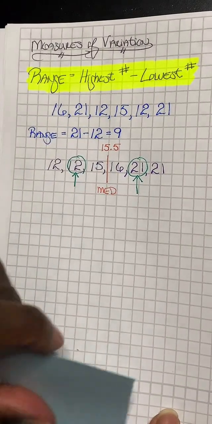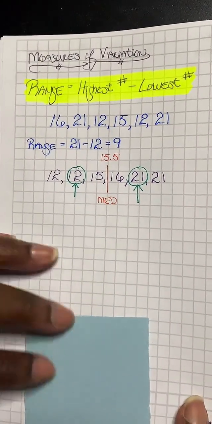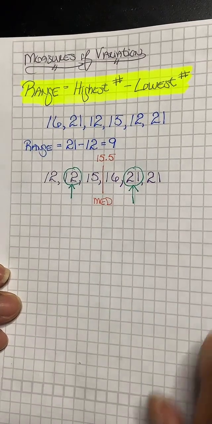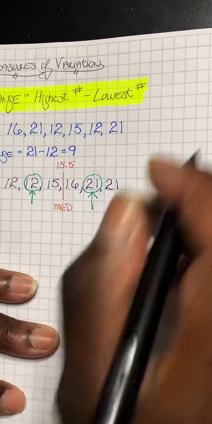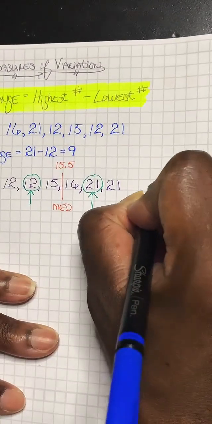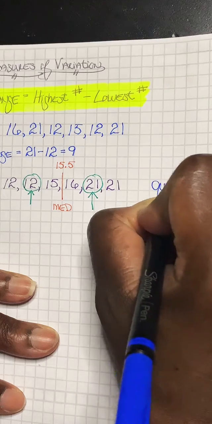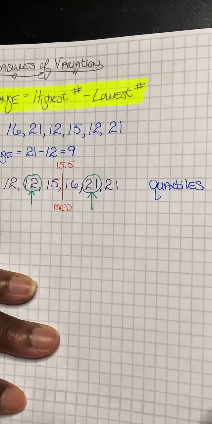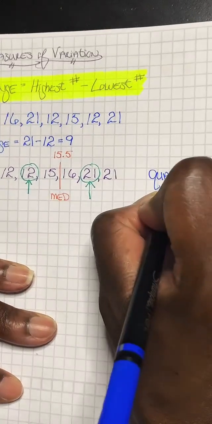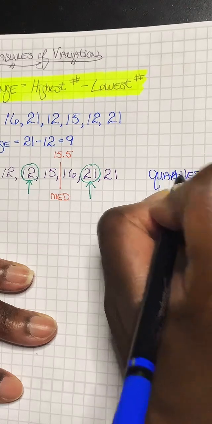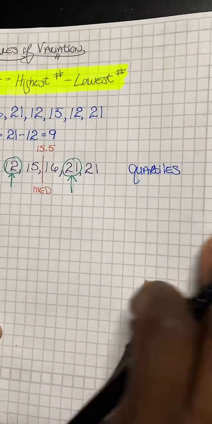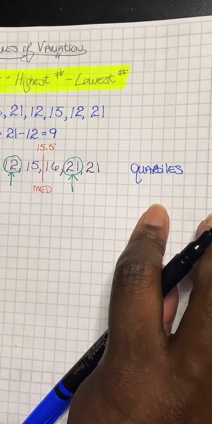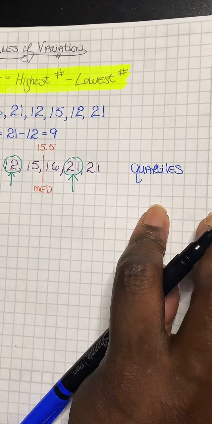All right. What you just found is called quartiles. You're like, what? Quartiles is another way of saying I'm breaking up all this data into quarter sections.